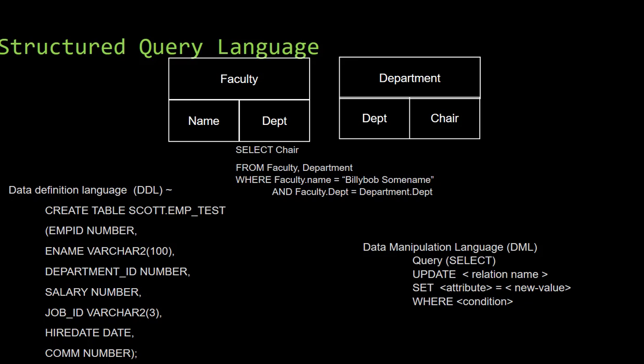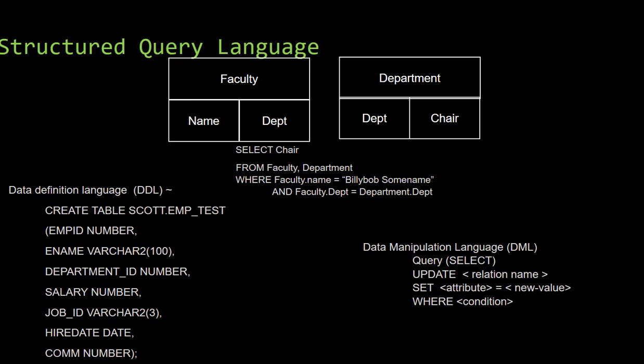Based on that primary and foreign key relationship I talked about earlier, department is a primary key in one table, it's a foreign key in the other table, but because the data is exactly the same, we have a relationship. They're related. The name of the person in faculty will have an associated department in the department table, and they need to match up.